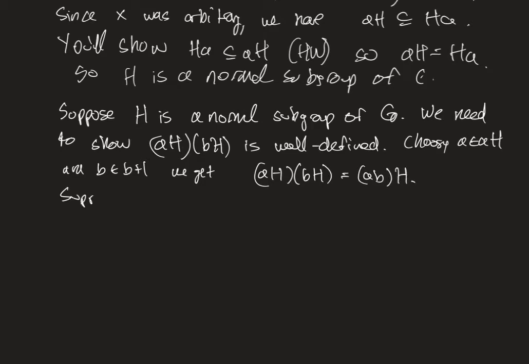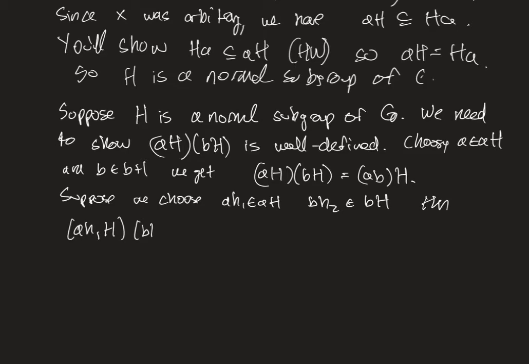Suppose we choose instead ah1 in aH and bh2 in bH, then ah1H is the same thing as aH, and bh2H is the same thing as bH, but we get this thing on the right-hand side, ah1bh2 times H, which may not be the same thing as abH.